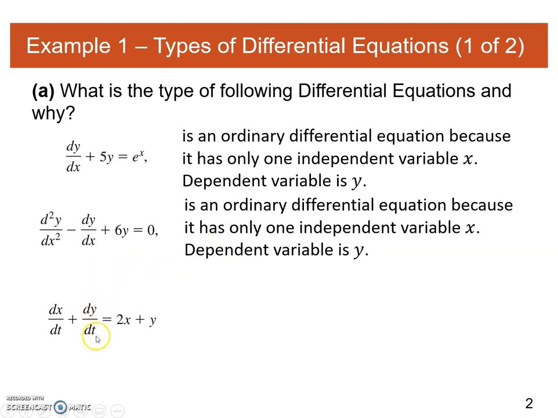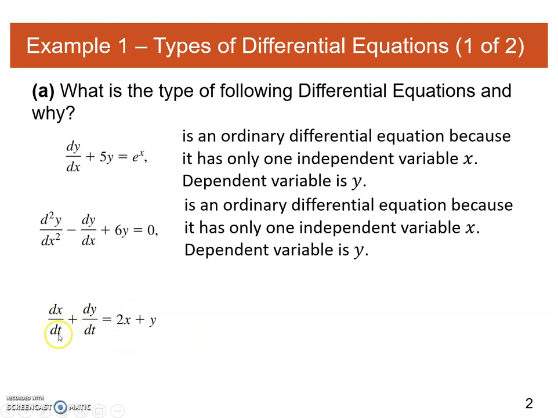Another example of the ordinary differential equation is this. In this case, you can see that there is one independent variable, t, and there are two dependent variables, x and y. Although there are two dependent variables, it doesn't matter.